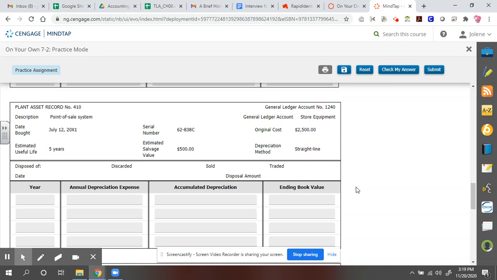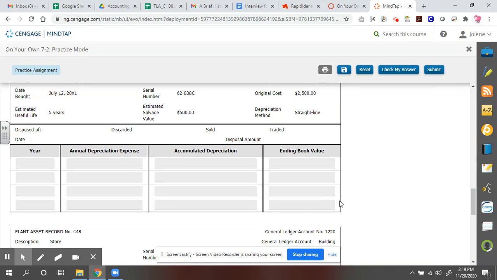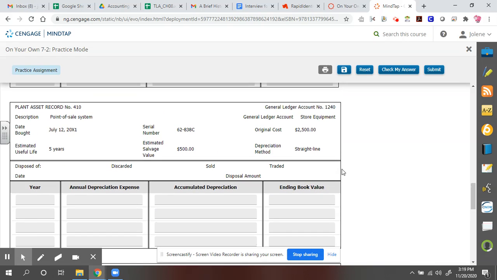Going down to the point of sale system. Okay, it's still only asking for 4 years, and annual depreciation.